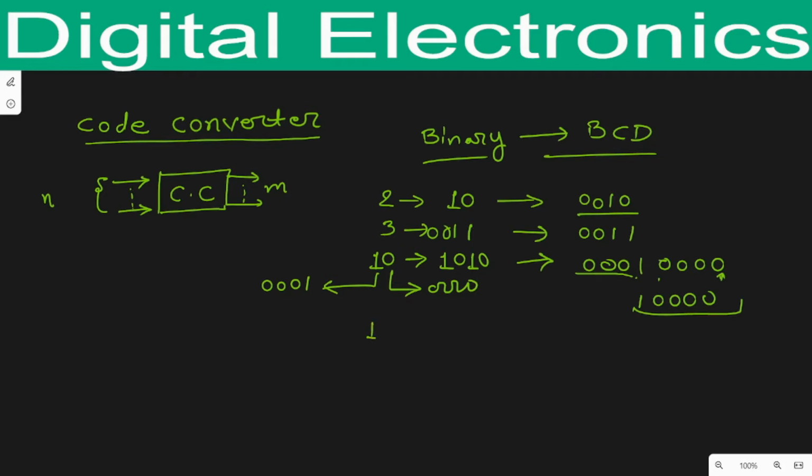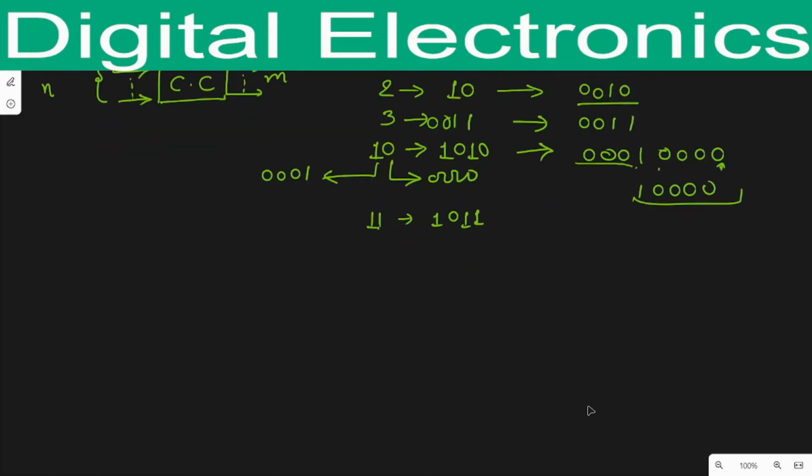The binary representation of 11 will be 1011. But if I want to represent the BCD of 11, what will it be? 0001 is the representation of the first 1. Now the second 1 is represented by 0001.